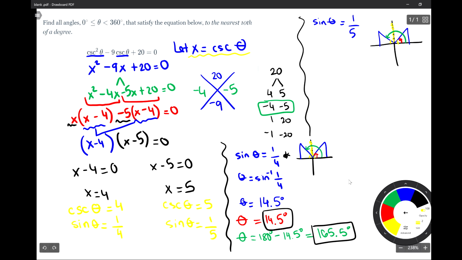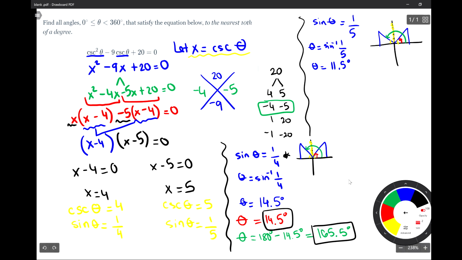All right, so if you put theta equals sine inverse of 1/5, you will get theta equals 11.5 degrees. And like what I just said, because our red angle is in the first quadrant, it is equal to the reference angle.